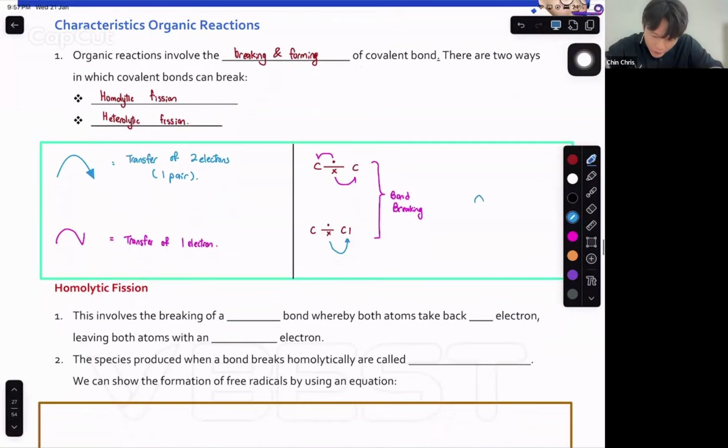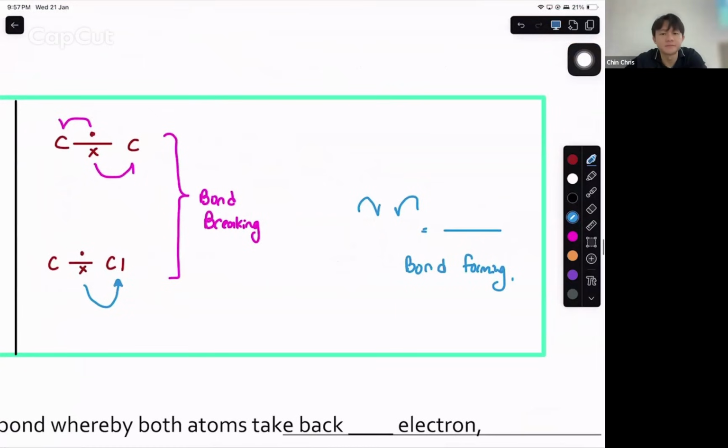I can bring one half arrow, another half arrow, come together, then turn into a bond. This is bond forming.